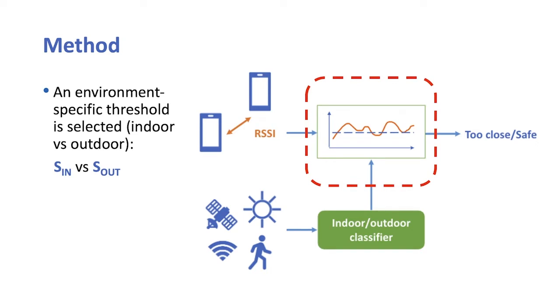Depending on the detected environment, a specific threshold is selected. So we have a first threshold S_in for indoor environments and S_out for outdoor environments.